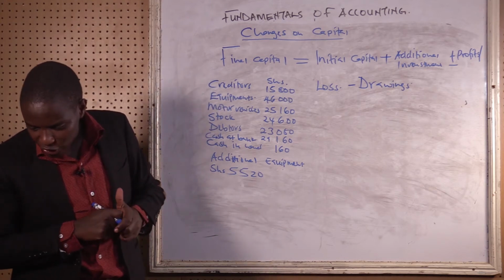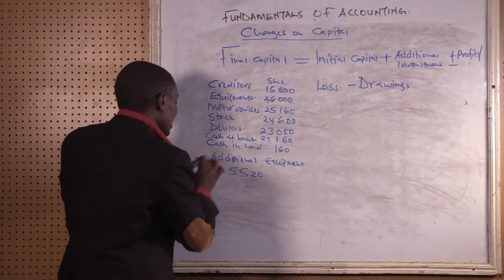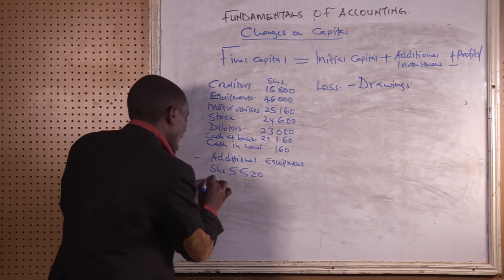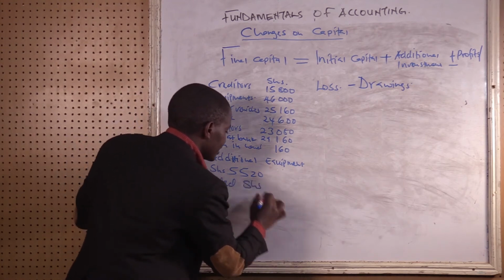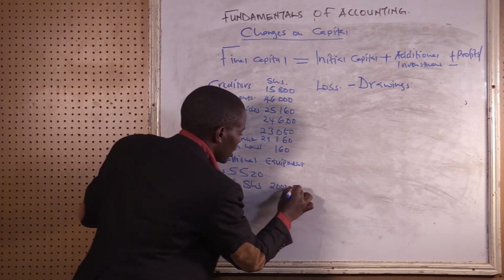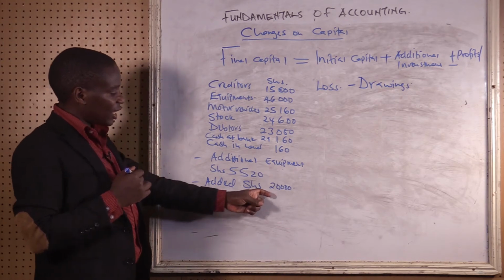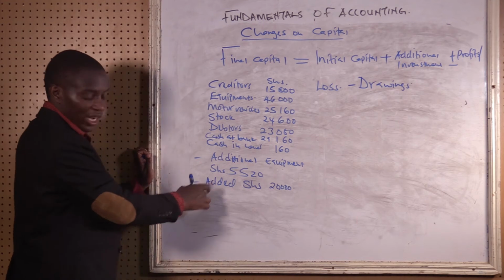During the same year, we are told that the owners of the business added shillings 20,000 more to the business. That is the owner of the business.